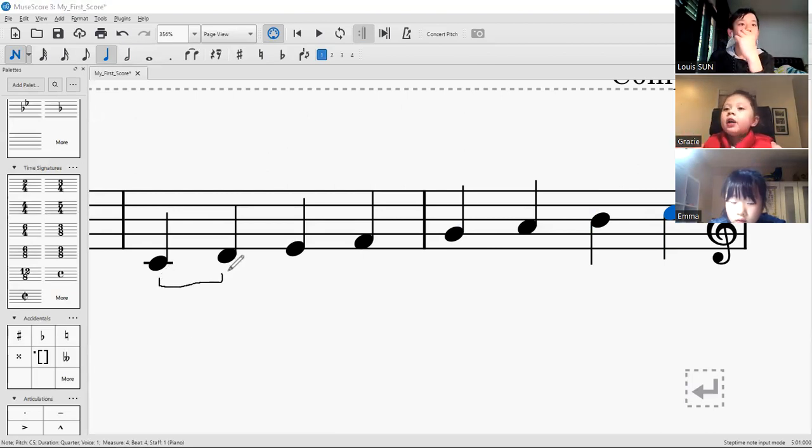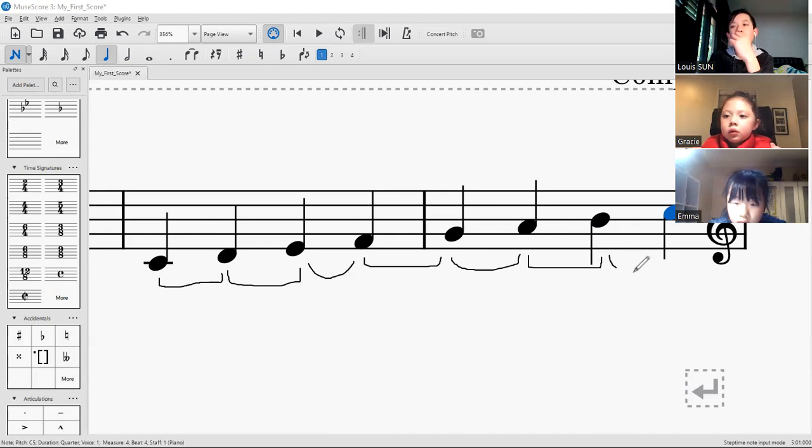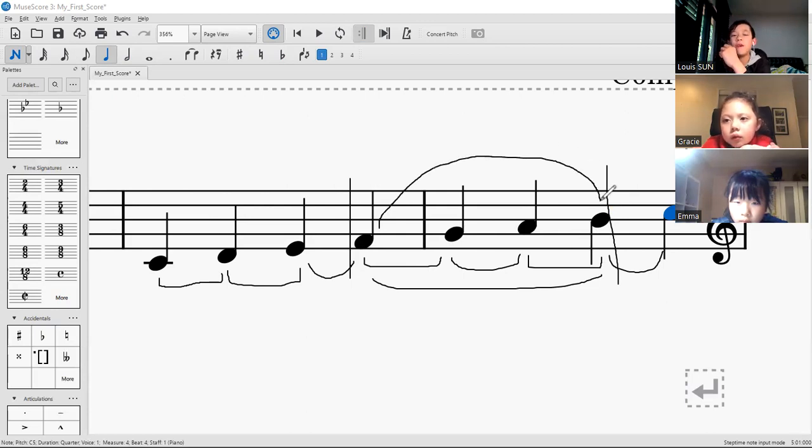Let's mark it out. Tone, tone, semitone, tone, tone, tone, semitone. And as we mark it out, you can see that the three tones occur here, and F to B is very clearly a diminished fifth or augmented fourth.